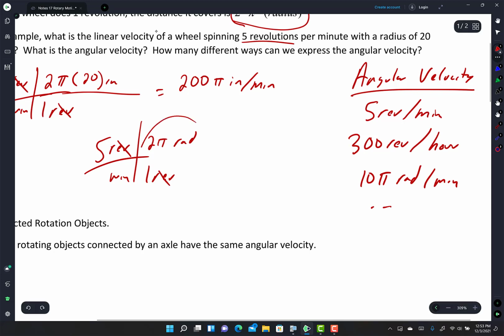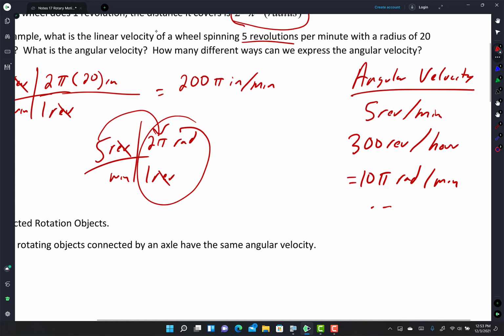Well, what's it again? Like 1 revolution is 2 pi radians? Oh, I just did 5 times 2 pi, and I got 10 pi. You know what I mean? Any other questions, guys? What's up? I did 5 times 2 pi because that's angular velocity. And anything that deals with rotation is angular, and radians deals with rotation.